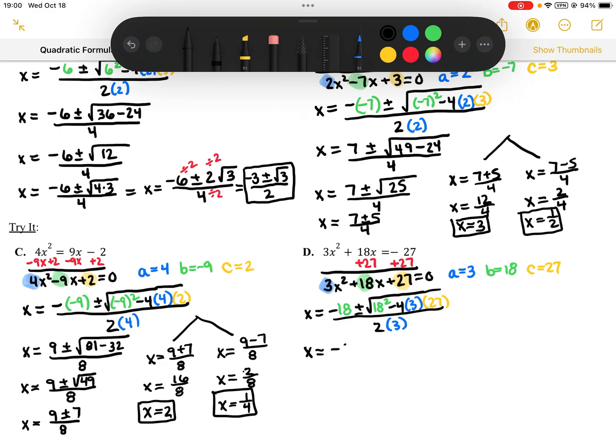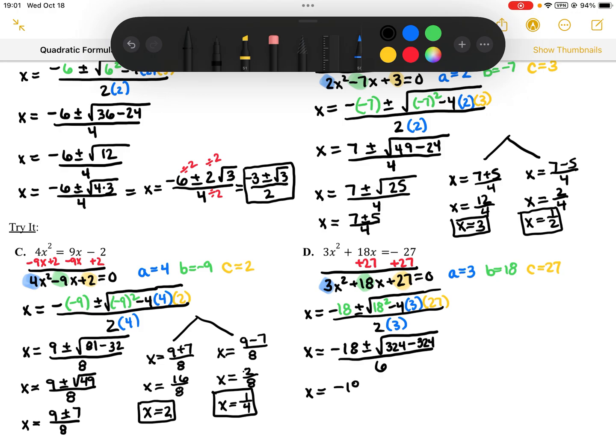So I have negative 18 plus or minus. Now I need to do 18 squared. 18 times 18 is 324. Minus 4 times 3 times 27 gives me 324. All over 2 times 3, which is 6.